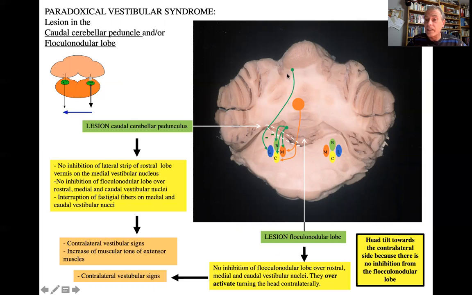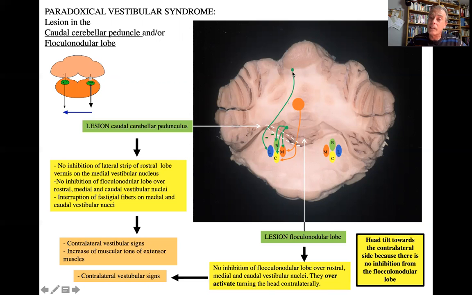So in this case, the animal is going to show a head tilt contralateral to the lesion. Okay, so we are having a paradoxical vestibular syndrome.